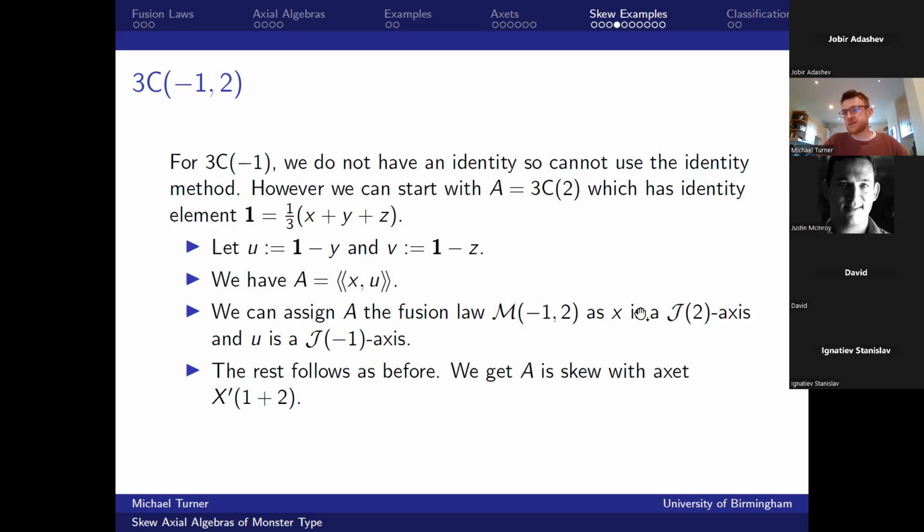That's because x is what we started with. And now u is going to be an axis of Jordan -1 because we've done this twisting identity on this y element. And the rest follows as before. We can look at the Miyamoto involutions of both u and x and figure out what happens. And this is going to be a skew axial algebra and has axet 1 plus 2.